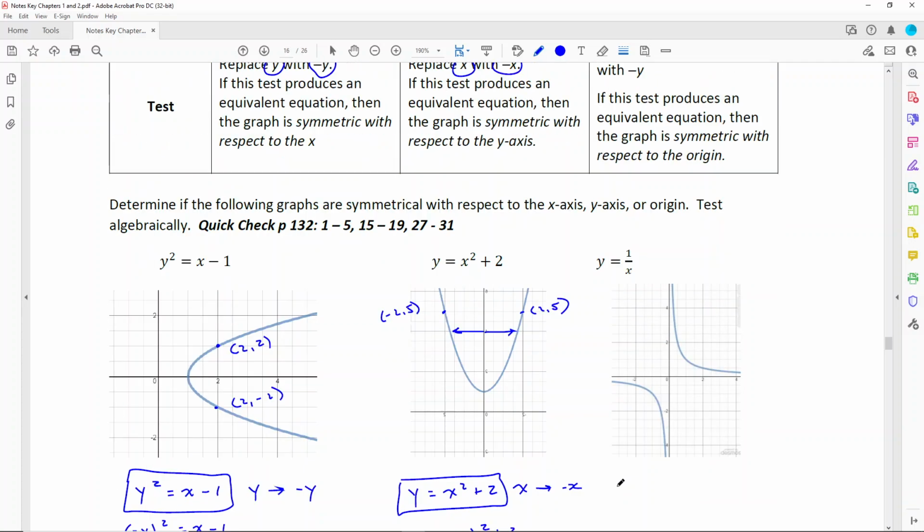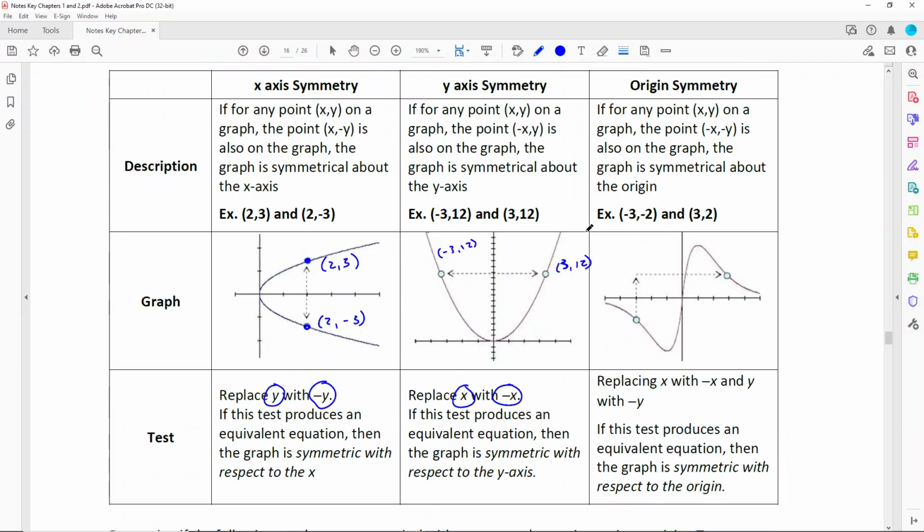Okay, last one. The last one is origin symmetry. Origin symmetry is that if there's a point down here, let's say at (-3, -2), then there would be another point that is equidistant from the x-axis and equidistant on the y-axis. In other words, the point (-3, -2) would also appear as (3, 2). So if something's down here, it goes over here.